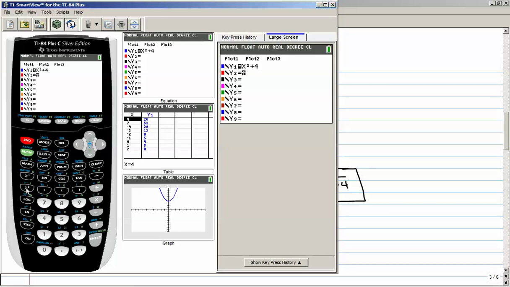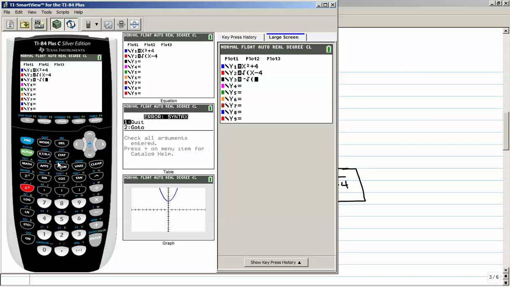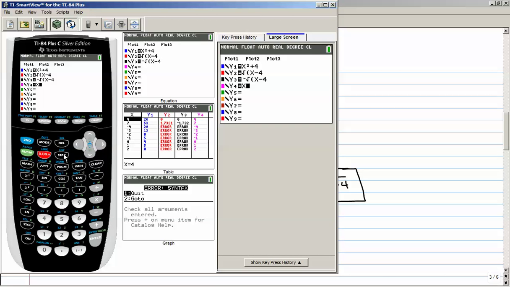So I'll have to do the square root of x minus 4 and the negative square root of x minus 4. It's actually going to graph that in 2 pieces, but they'll both be the same. And for fun, I'm going to put in the line y equals x so that we can actually see what the reflection looks like.